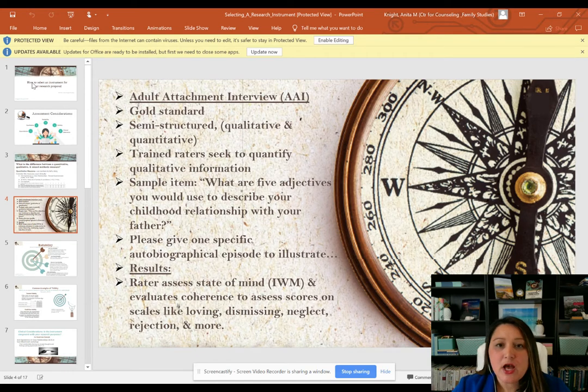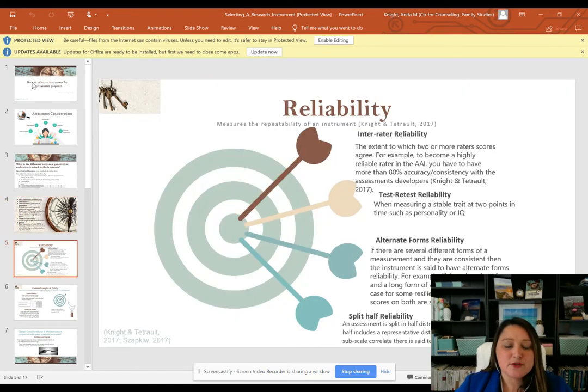These raters have over 80% inter-rater reliability, and they assess this transcript in terms of not only the experiences a participant has, but their state of mind and their internal working models with respect to attachment. So if you were interested in measuring attachment and wanted the qualitative and quantitative component, you may use the Adult Attachment Interview.